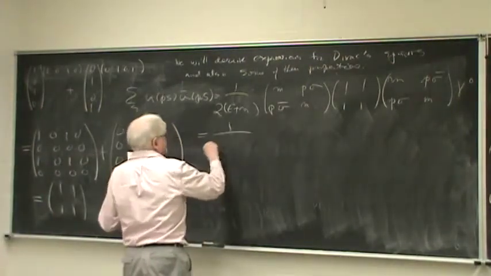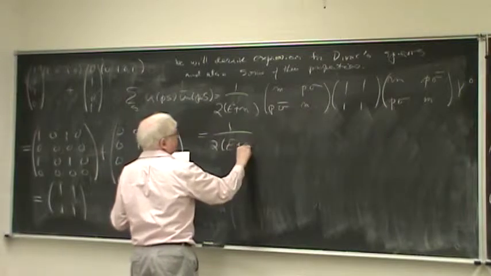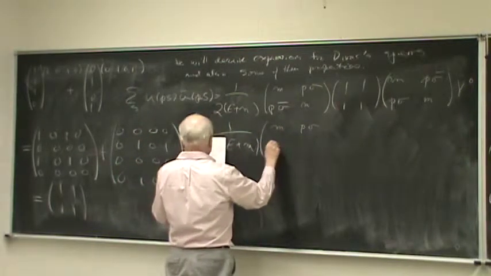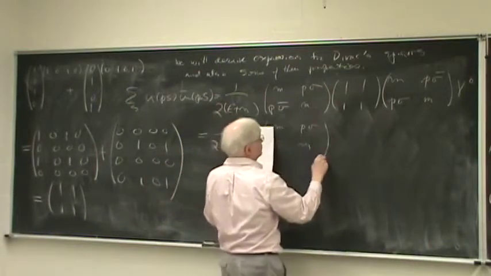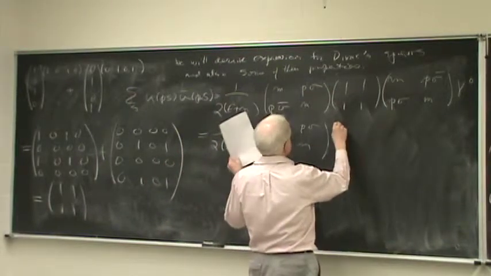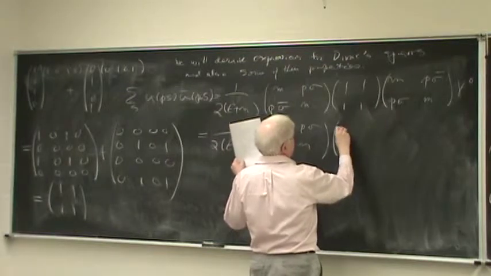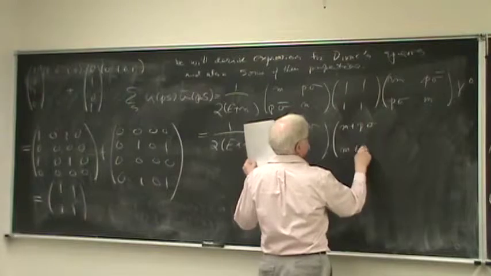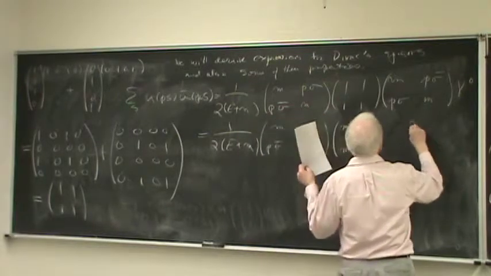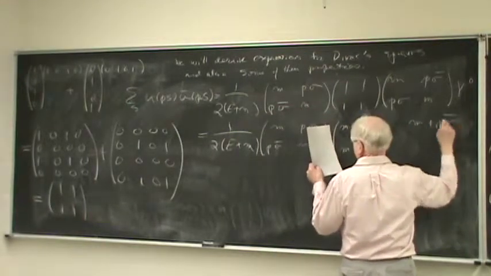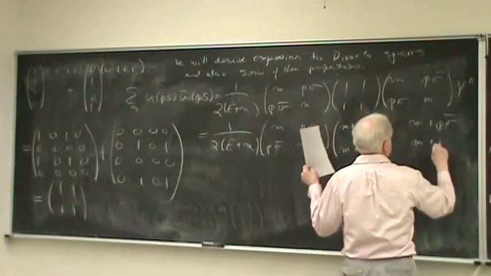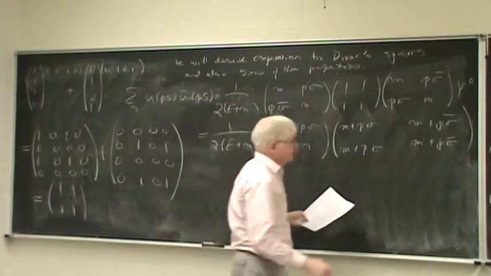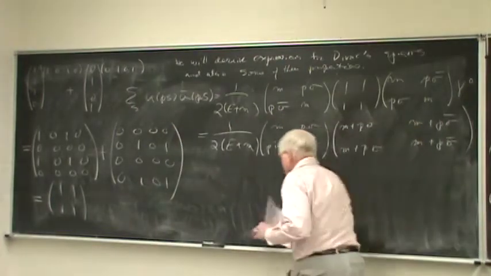And, okay, so let's multiply this out. What I got was 1 over 2E plus m, p sigma bar m, and now this is m plus p sigma, and then this is m plus p sigma bar, gamma 0.